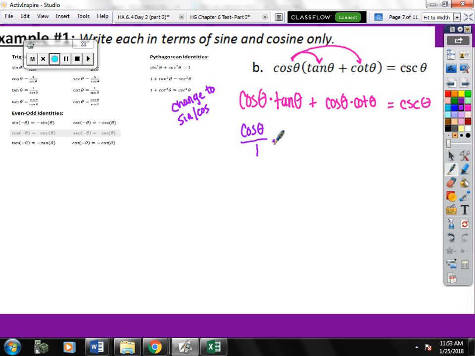The tangent, what would I change the tangent to be from my formula? Sine over cosine. Good, sine over cosine. Bring down your plus sign. Okay, cosine again is going to stay as cosine. Cotangent, what am I going to change that to be? Cosine over sine from my formula sheet.